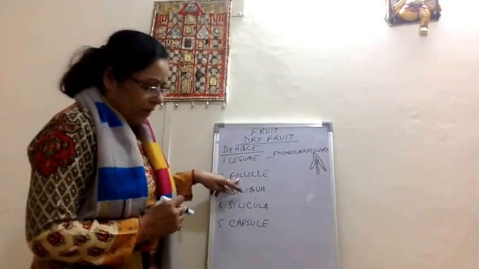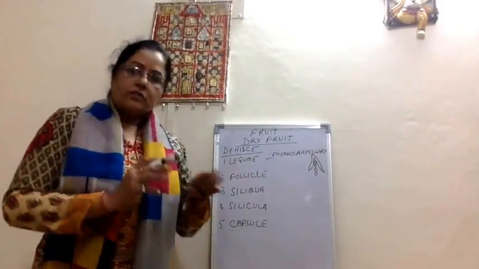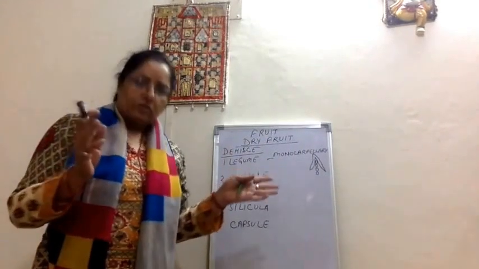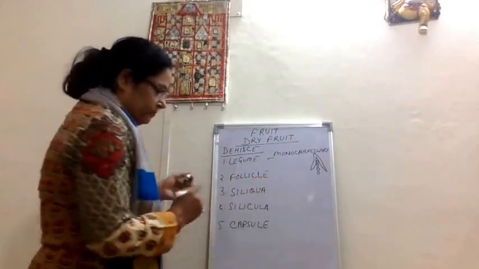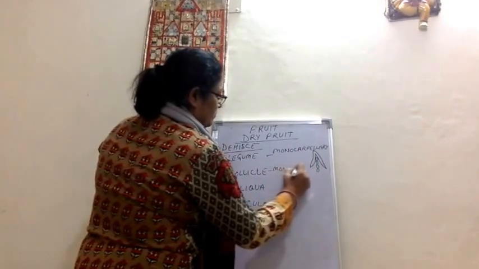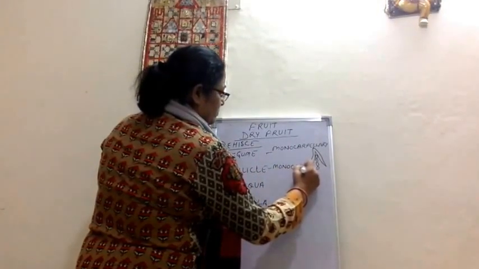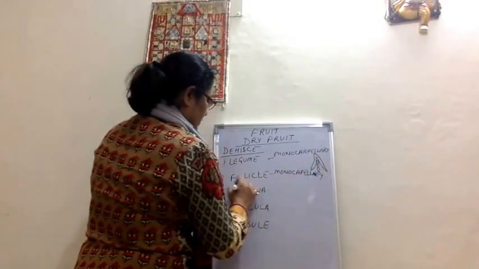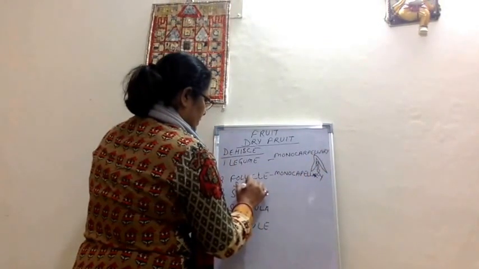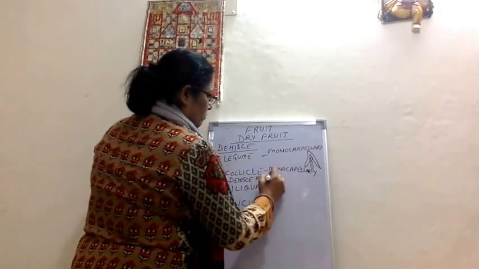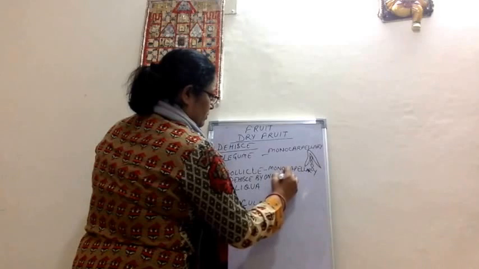And second is follicle. Follicle again is a monocarpellary condition that dehisces through one rupture only, one rupture, like in Calotropis.